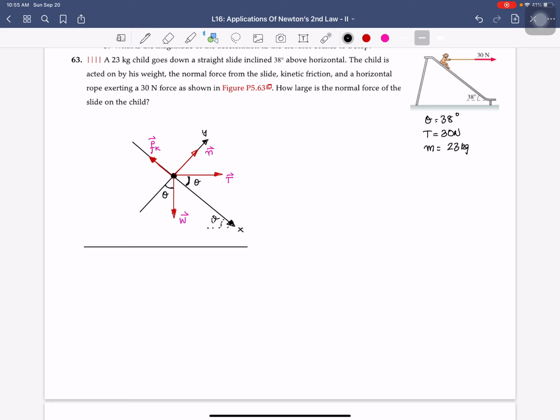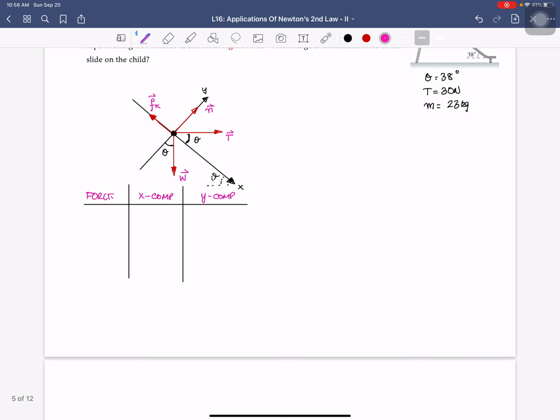And so we're going to list those. Here, there is the force, the x component, and the y component. The forces are the weight, the tension, normal force, and the force of kinetic friction.